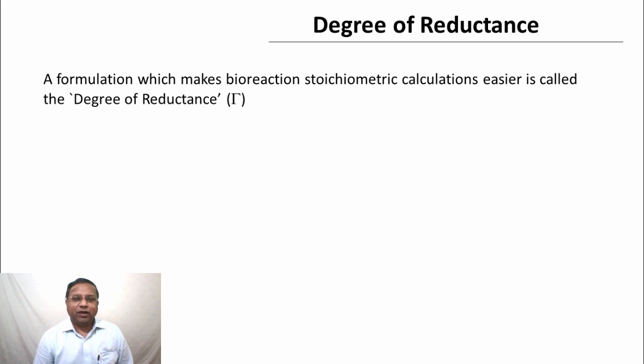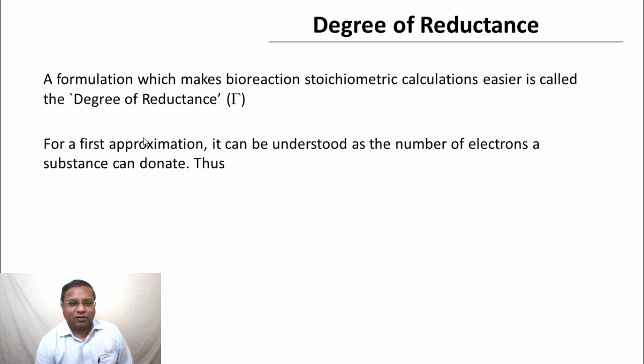This is a formulation which makes bioreaction stoichiometric calculations easier, and it is denoted by the capital Greek symbol gamma, as is given here. You see here, this is the degree of reductance. We have a degree of reductance given for each substance. As a first approximation, it can be understood as the number of electrons that a substance can donate.